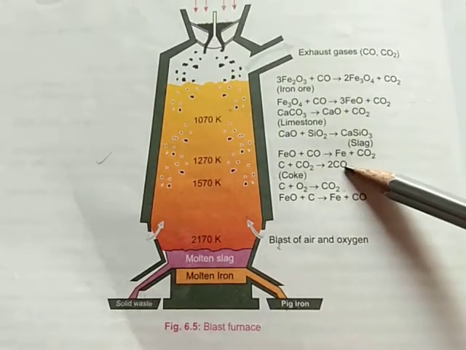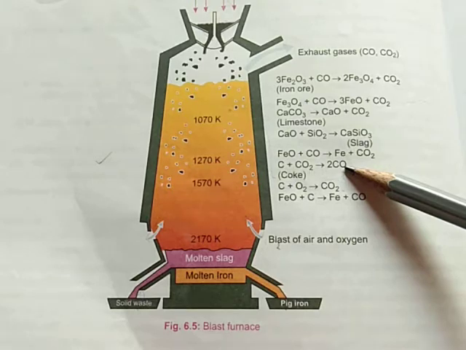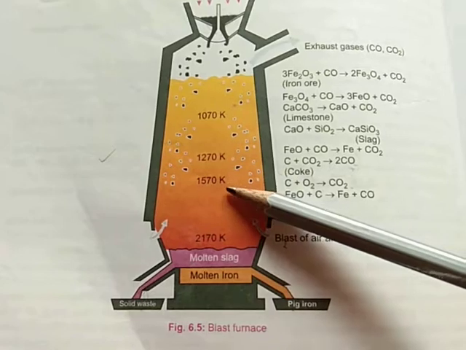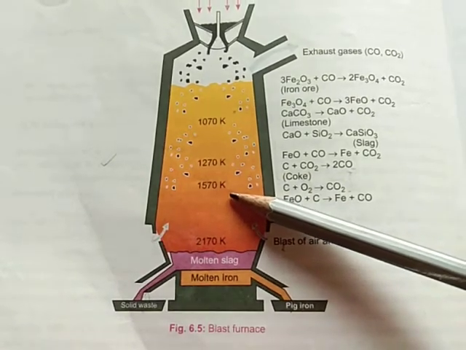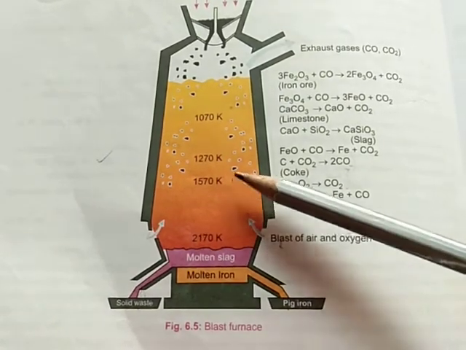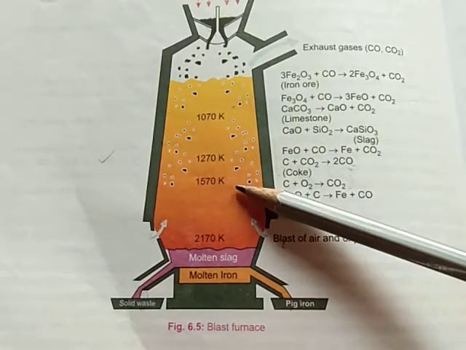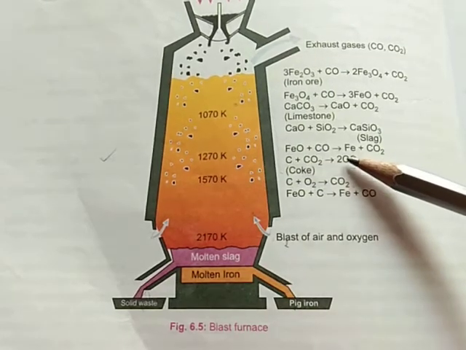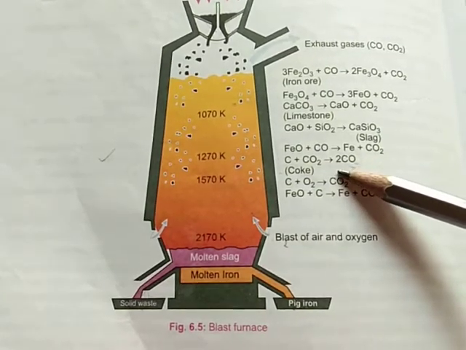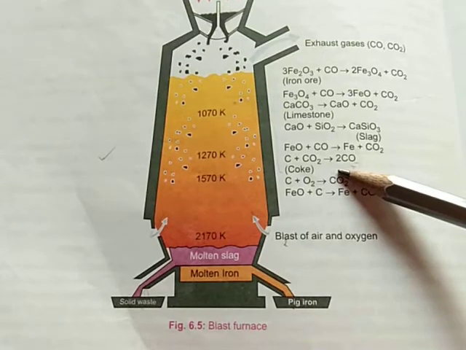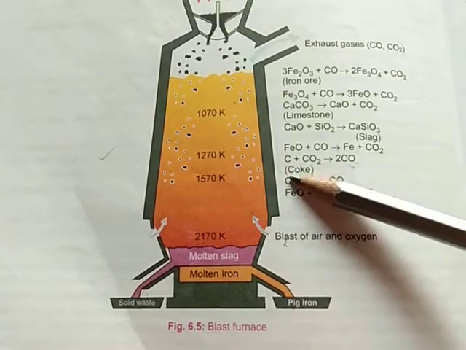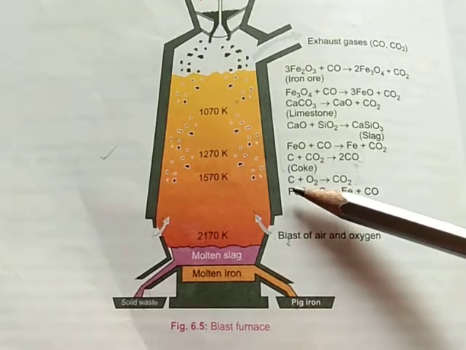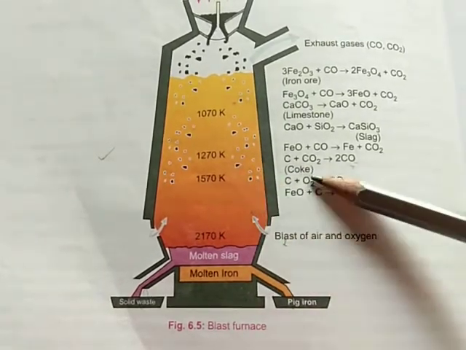Due to the endothermic reaction, the temperature in this region falls to 1570 Kelvin. In this region, Fe2O3 is reduced to iron by the hot coke, and the spongy iron produced in the upper region gets melted. So this is the fusion zone.